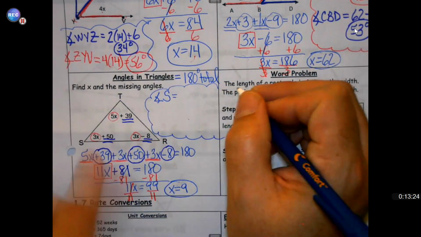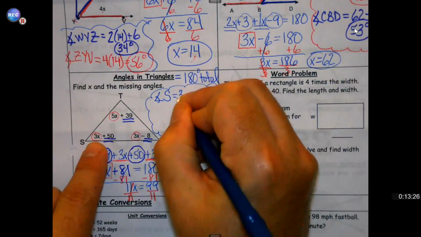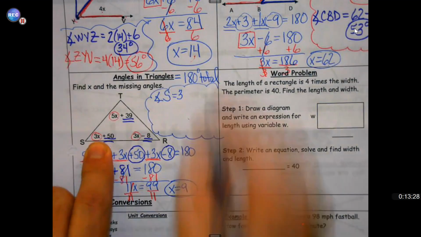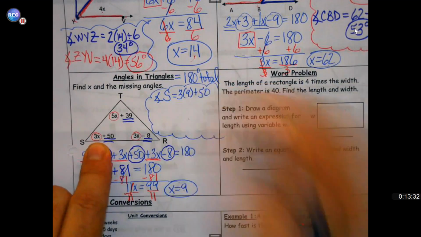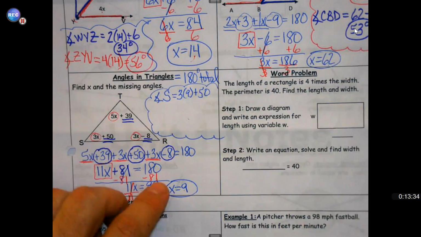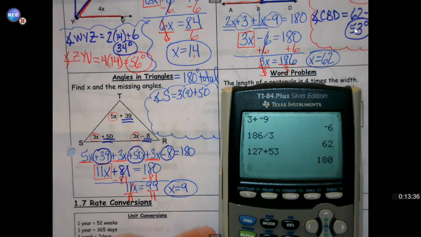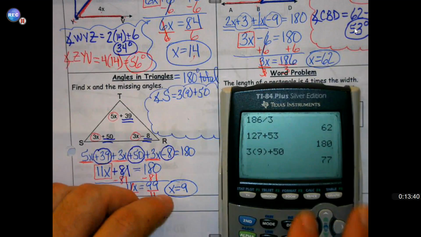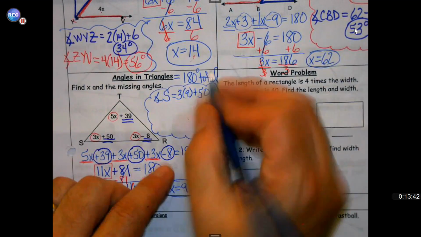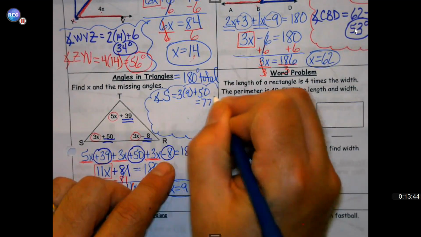And just like we have in the rest, when you get to X, we're going to plug in the 9. Grab my calculator if I need it here. Okay, we got 77 degrees there.